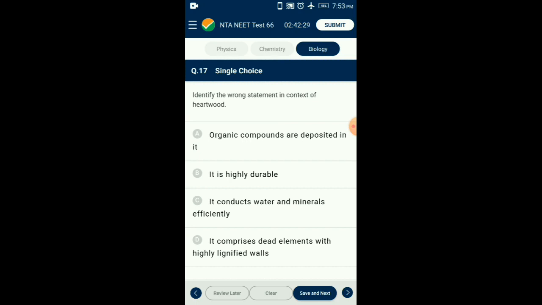Heartwood tends to be darker in color than sapwood since it is normally filled with various types of oils, dyes, and sugars. The primary function of heartwood is to provide adequate support to the tree. So the answer is option C. It conducts water and minerals efficiently. So that is the wrong statement.